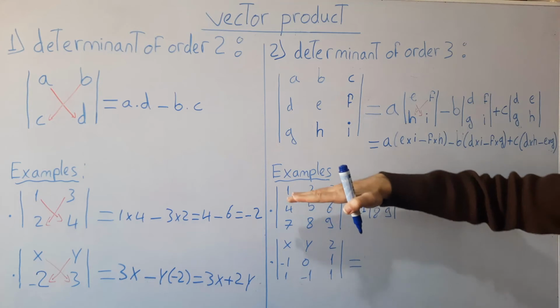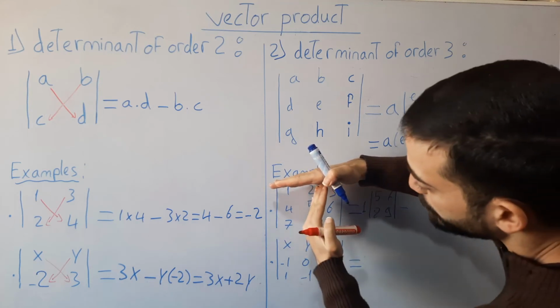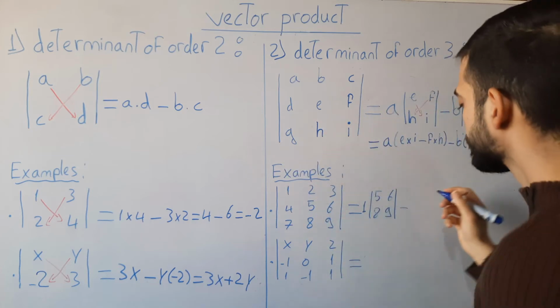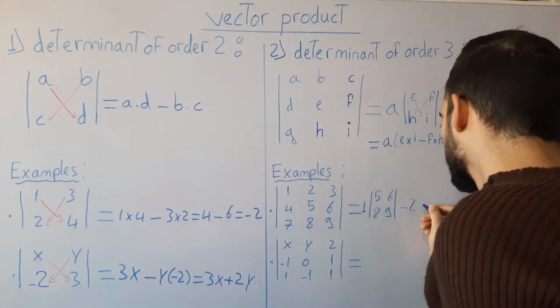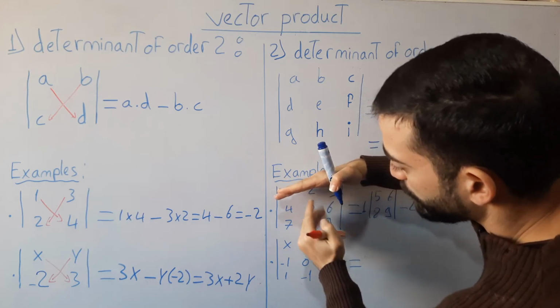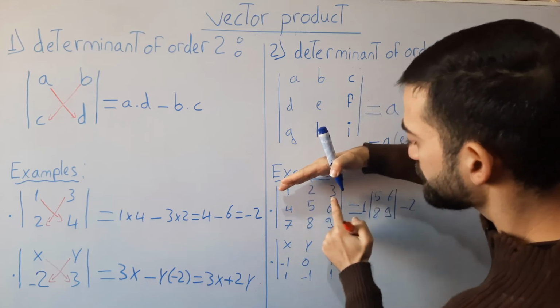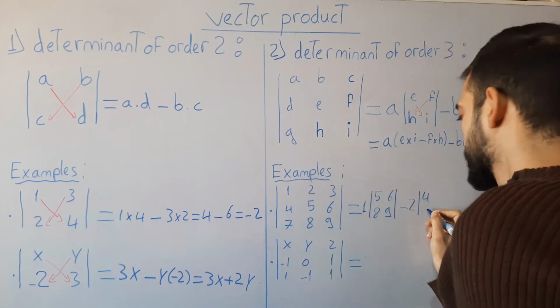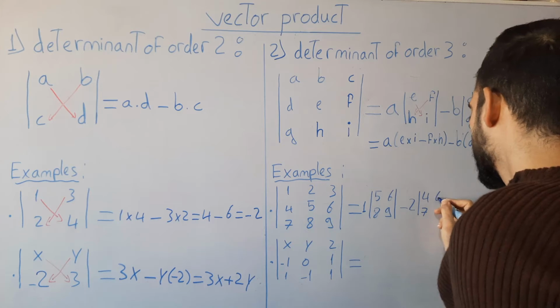Minus, we cross the first row and second column. The intersection is 2. What remains? Determinant of order 2, 4, 7, 6, 9.